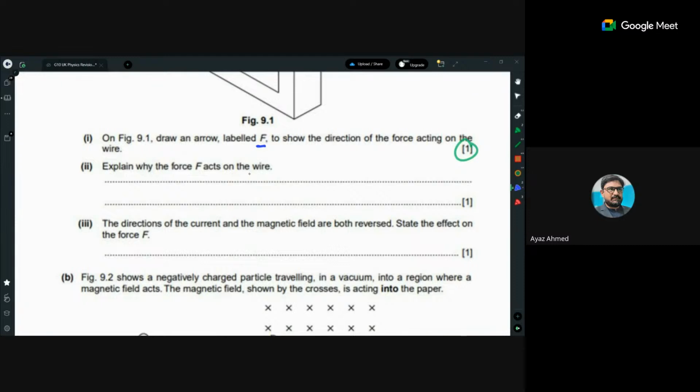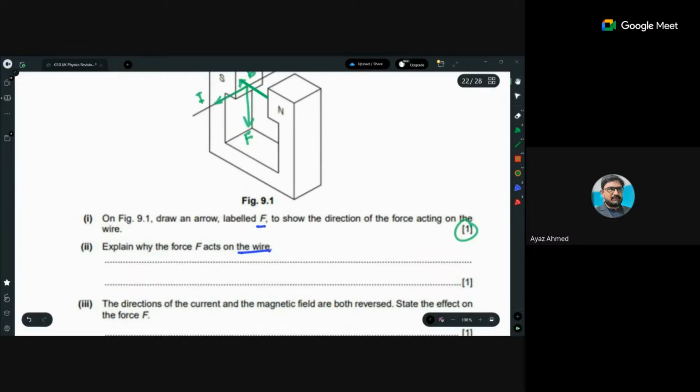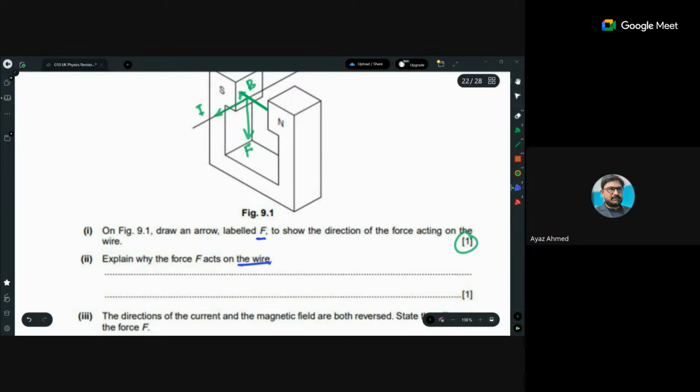Explain why the force acts on the wire. This is a frequently asked question. So in the wire, its own magnetic field is interacting with the magnetic field of the magnet, because when current flows through the wire, there is a magnetic field around it.